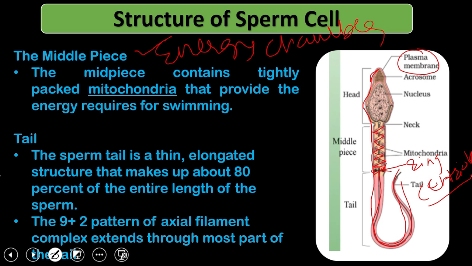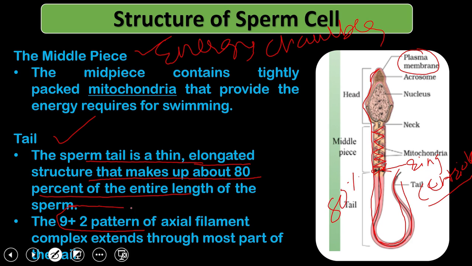Move to the tail. The sperm tail is thin and elongated, around 80% of the entire length of the sperm cell. The axial filaments are present in the tail region. You have to remember the 9+2 arrangement is there, because it is a flagellum, so it has a 9+2 arrangement of filaments, microtubules.